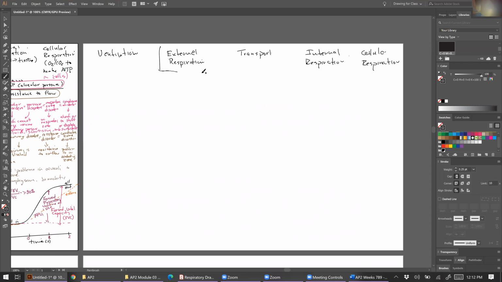And here we're going to do external. And it kind of gets, I won't say random, but different. We're going to do gas laws, and there's 2 gas laws that we need to know.